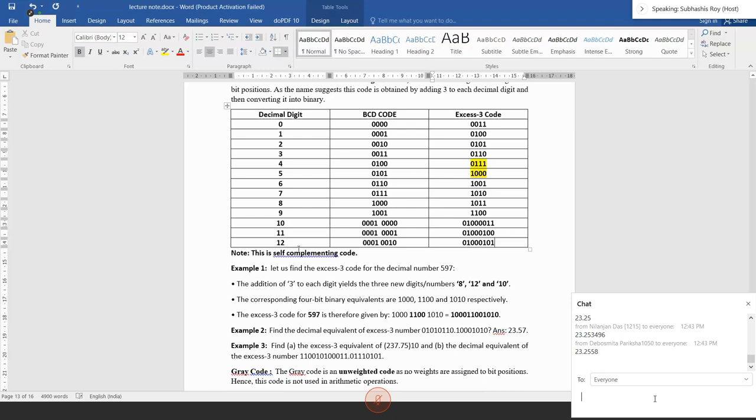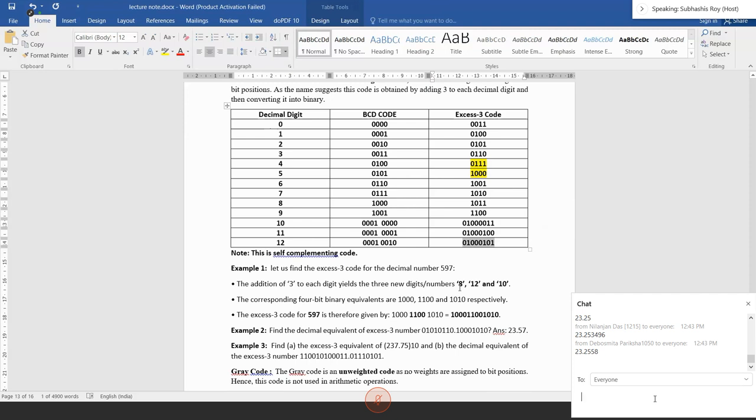So you see for 12, when it is a decimal number, it is represented in excess 3 code by this combination, right? But here in this example 597, when you are getting a number 12 after adding 3 to 9, at that moment you don't represent it like this, you simply represent it by 1100.